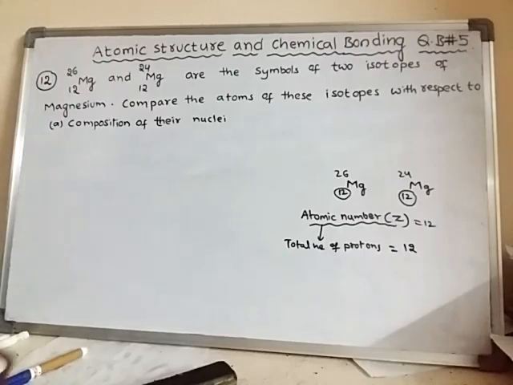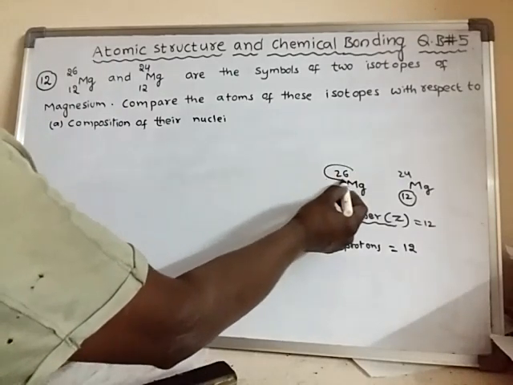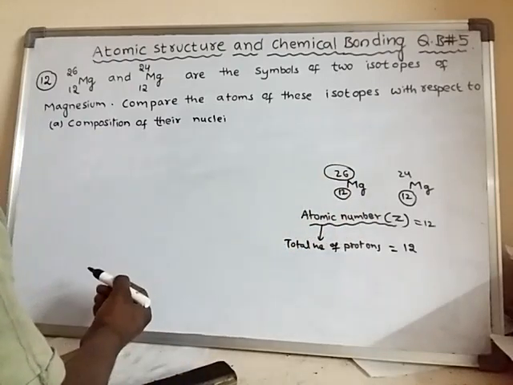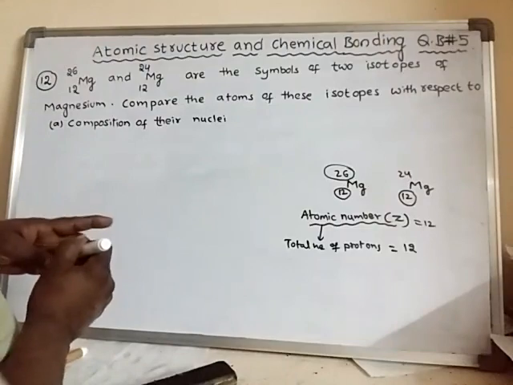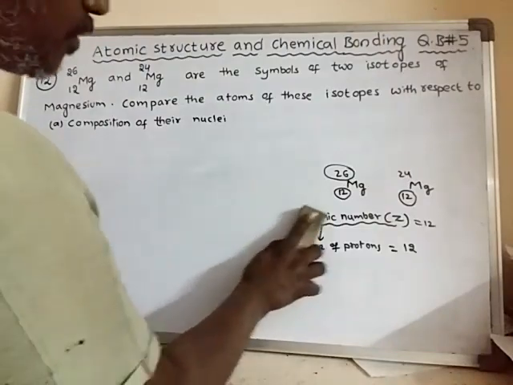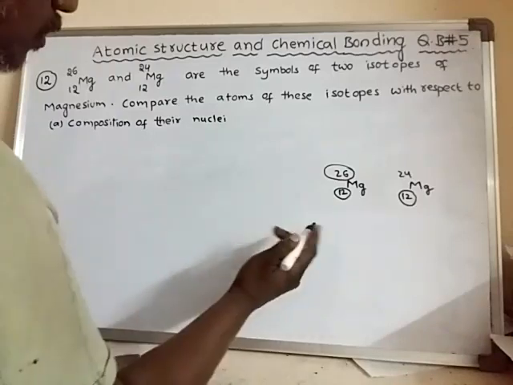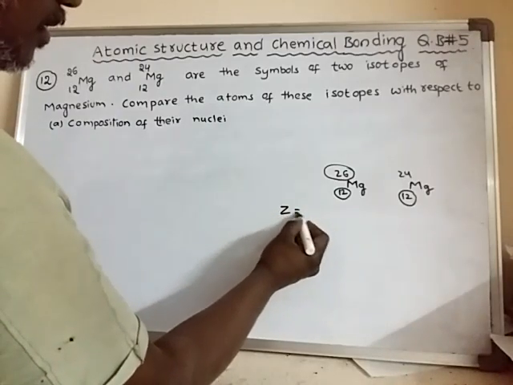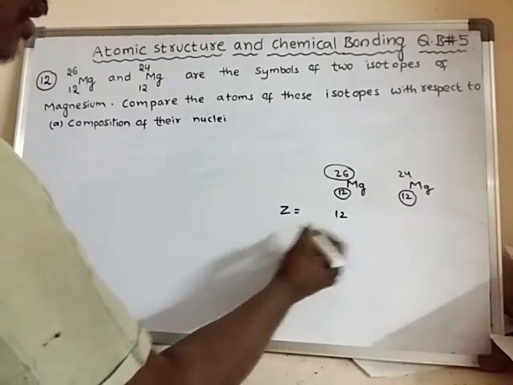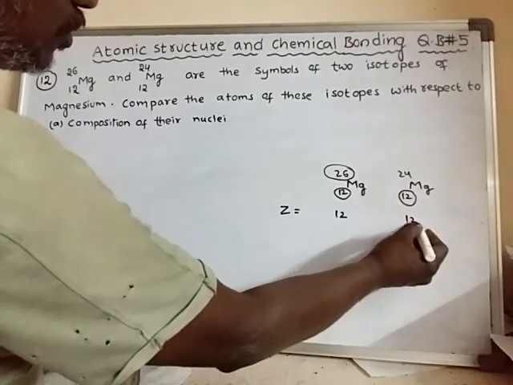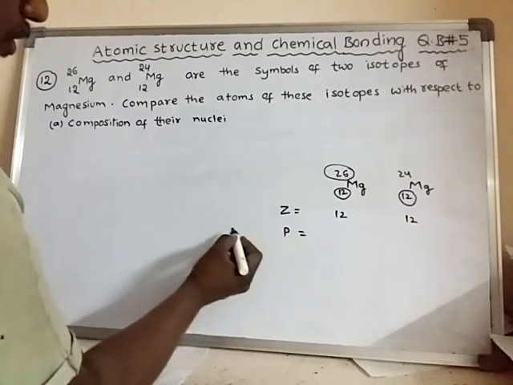Next, what does this indicate? Atomic mass. For this one, I am rewriting. The atomic number of this one is 12 and this one is also 12.